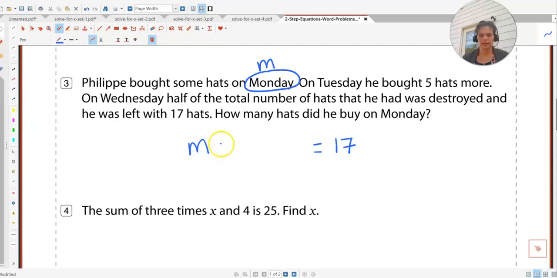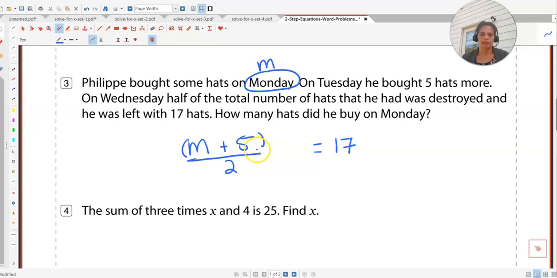So Monday, and then we're going to add 5. He bought 5 more hats. And then on Wednesday, half of the total number of hats he had was destroyed. So out of this total, half is destroyed, which will equal 17 left over.